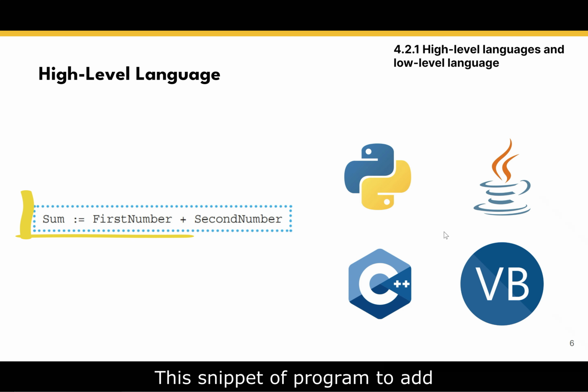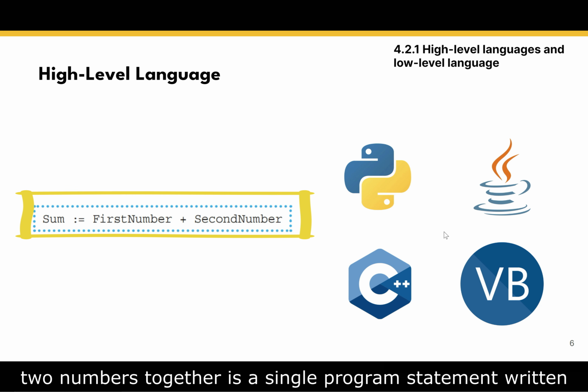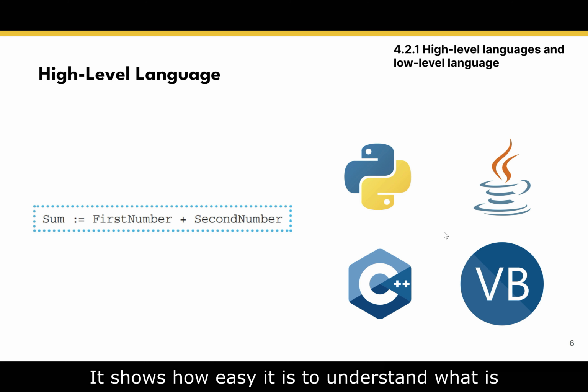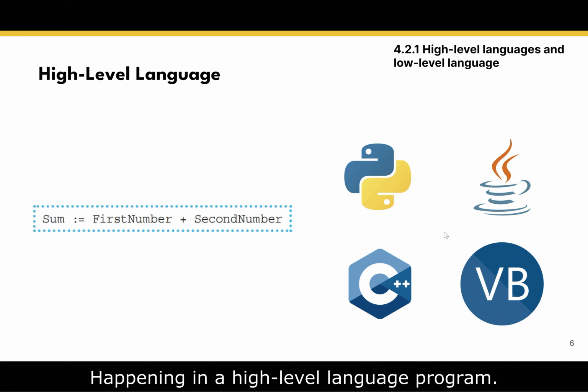This snippet of a program to add two numbers together is a single program statement written in a typical high-level language. It shows how easy it is to understand what is happening in a high-level language program.